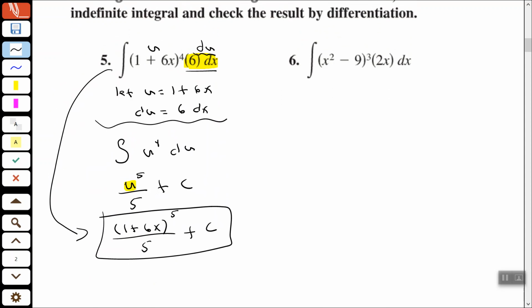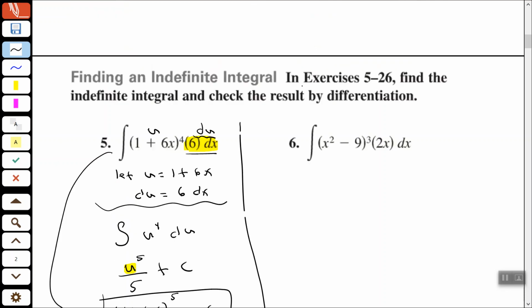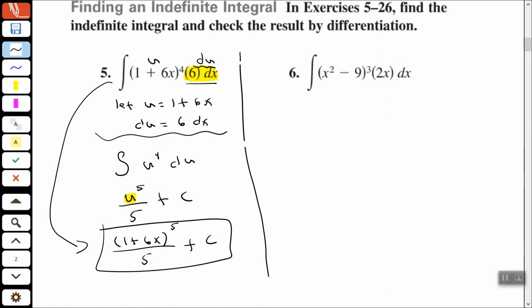Okay, so let's look at number 6 here. Again, we have x squared minus 9 raised to the third power times 2x dx. If you look inside here at the derivative of x squared minus 9, we see that it's 2x dx, which is the other part of this. So let u equal x squared minus 9.